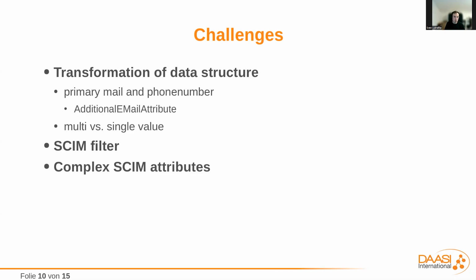If you define one of the SCIM attributes as multi-value, we will try to transform it to MidPoint, and if MidPoint then returns that it's only a single value in its schema, you will get an error. For the other way around, it's not a big problem because a single value can easily be transformed to a multi-value in SCIM.